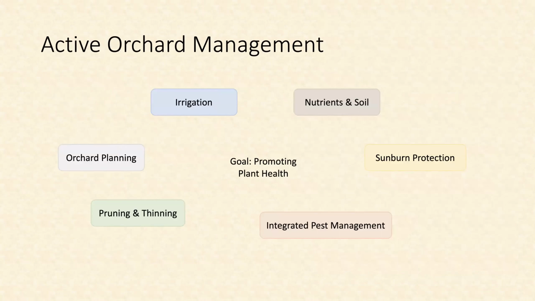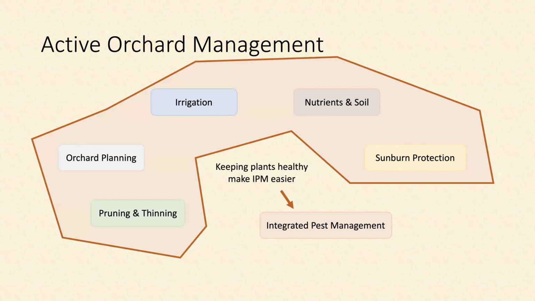I know there are so many things to think about when it comes to actively managing your orchard, whether it's how you plan your orchard, irrigation, nutrients, protecting it from sunburn with whitewash, pruning, and then IPM, which is what we've been focusing on. But really the goal is just to do enough to keep your plants healthy while using your resources efficiently.